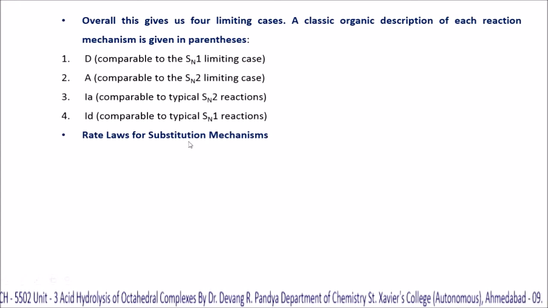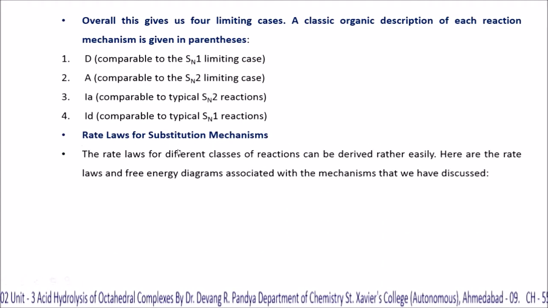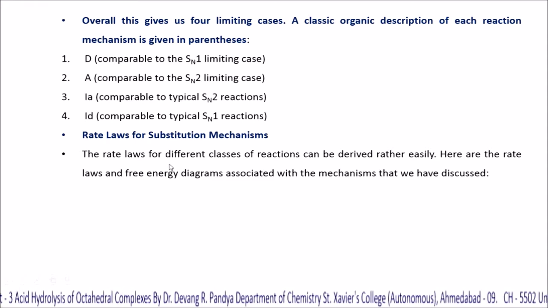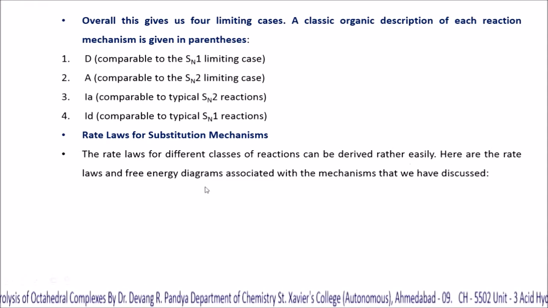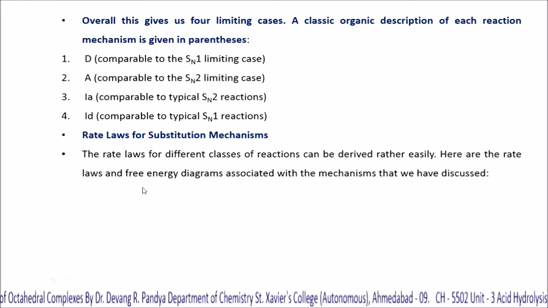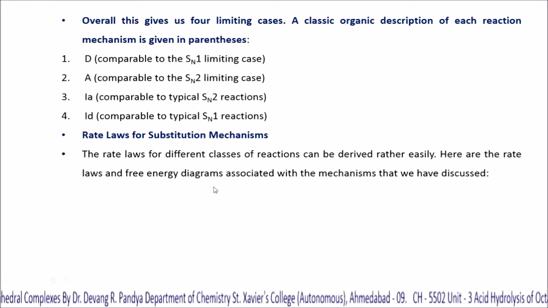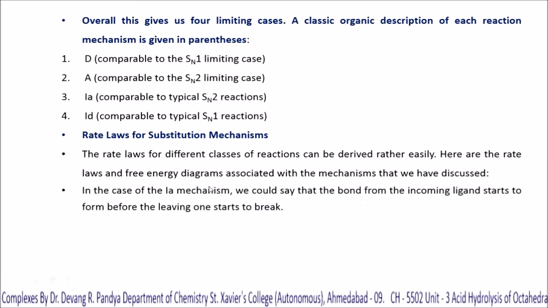The rate law of substitution mechanisms can be classified. Rate laws for the different classes of reactions can be derived rather easily. Here are the rate laws and free energy diagrams associated with the mechanisms that we discussed earlier in the previous class.